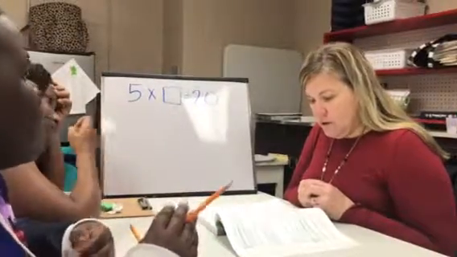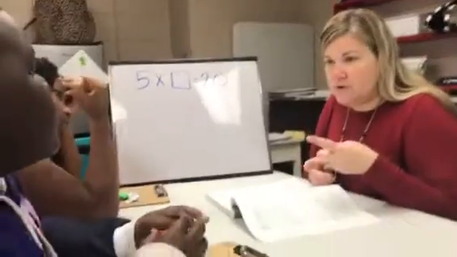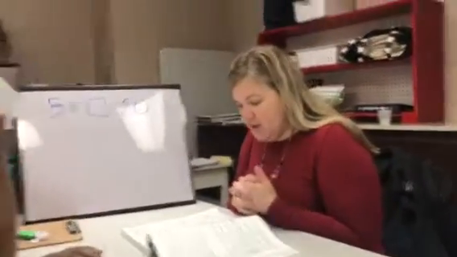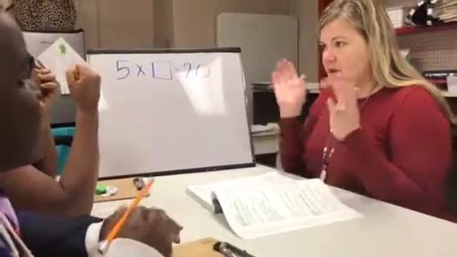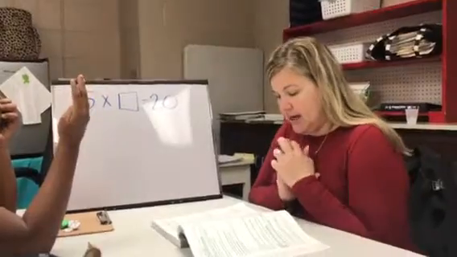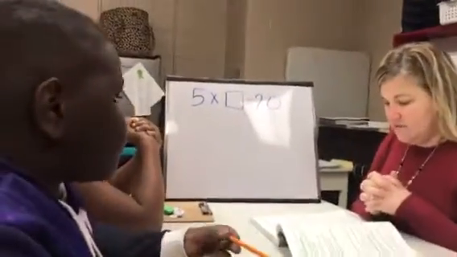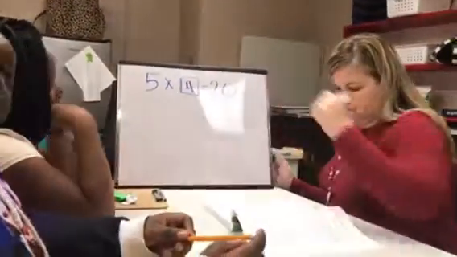No, ma'am. All right, so hold up a fist. What number are you going to end up with? 20. Good. Each time I count by 5 and put up a finger. Ready? 5, 10, 15, 20. Good. How many times did you count by 5? 4. Yes, 4. So I'll write a 4 in the box.